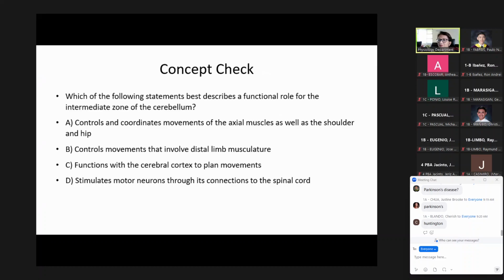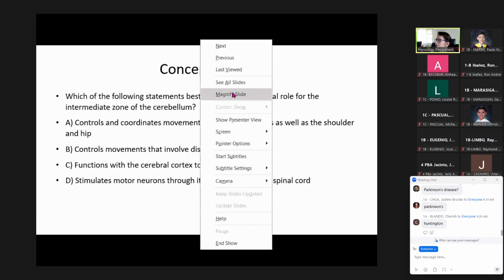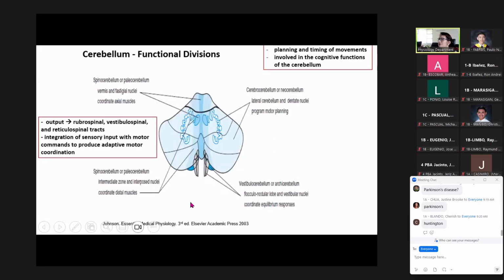Okay, sa chat box. Which of the following statements best describes a functional role for the intermediate zone of the cerebellum? Intermediate. Anong sagot natin? Intermediate. O, ayan, pinapakita ko na sa inyo to.